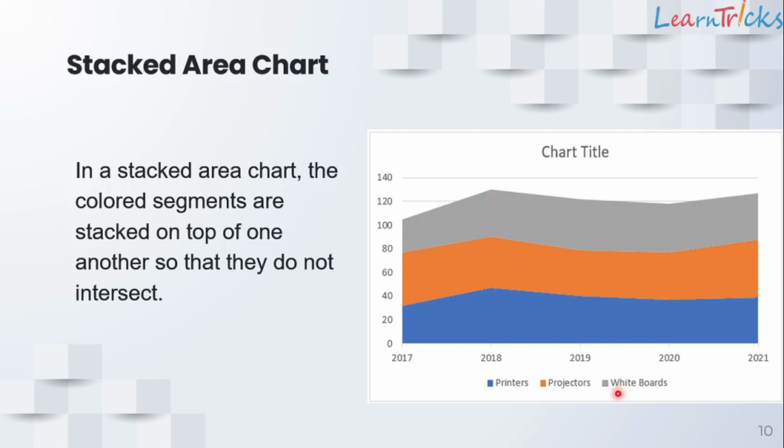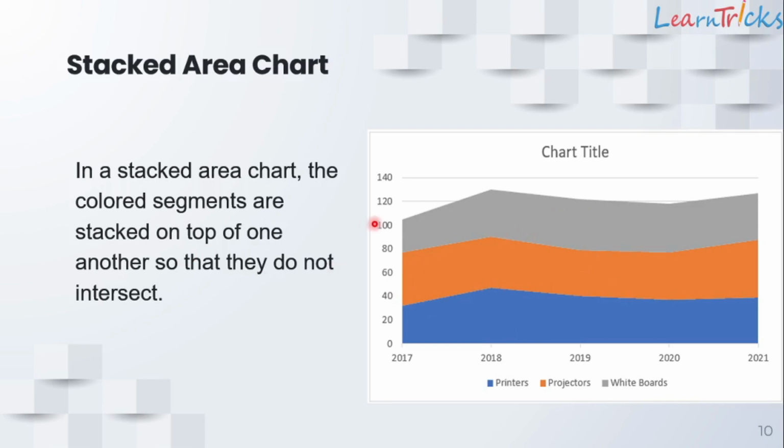Here we first draw the whiteboards' line, then the line of projectors, and after that the line of printers. That's why all plots will be visible. If we drew the plot of the lesser one first, it would be hidden behind the variable having the higher value.